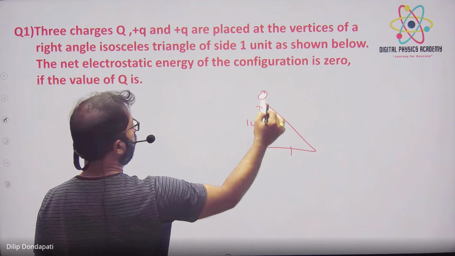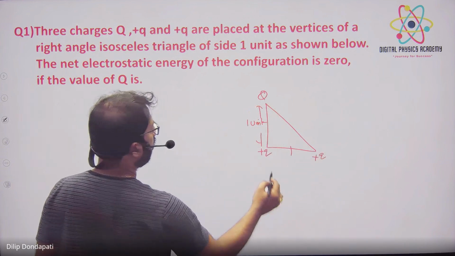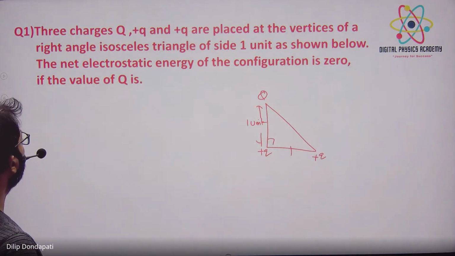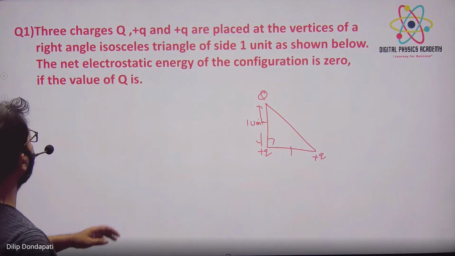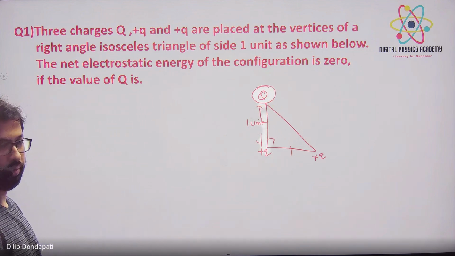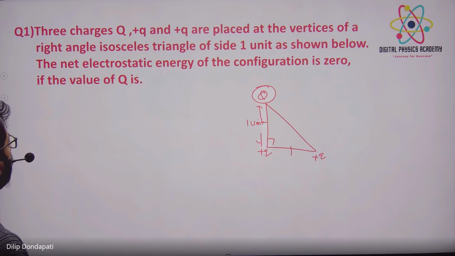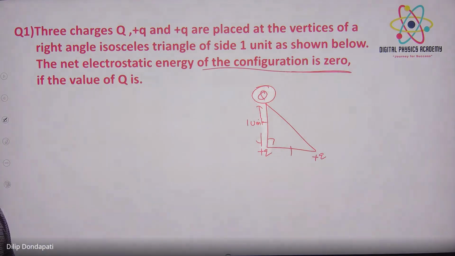So Q, plus q, and plus q. Net electrostatic potential energy is 0. We are asked to find the value of Q in terms of small q. He has given that the total potential energy of the configuration is 0. So find the potential energy and equate it to 0.